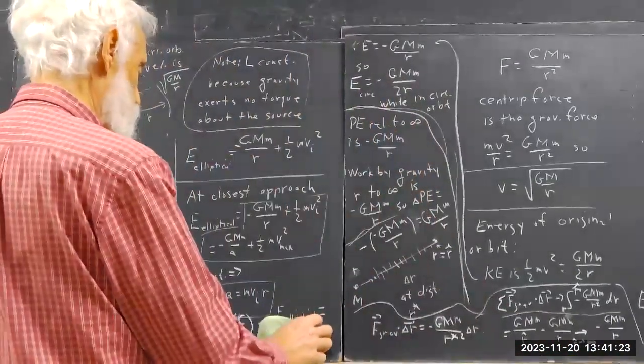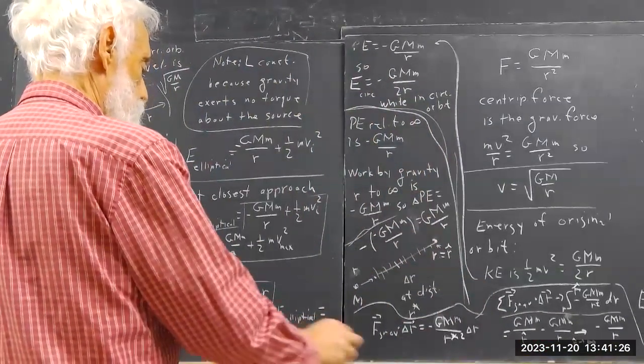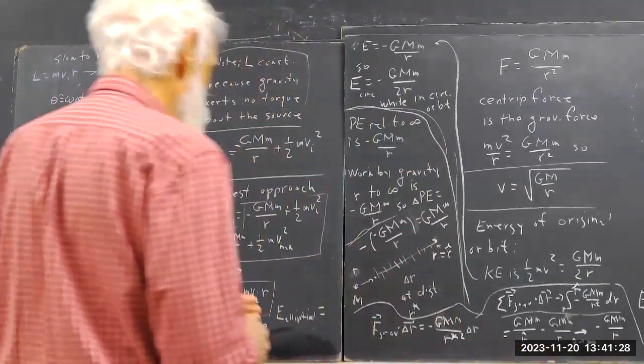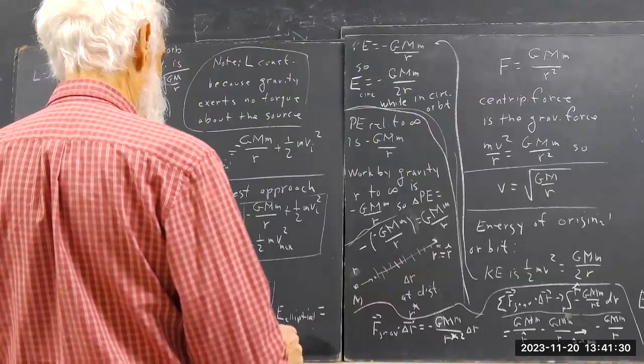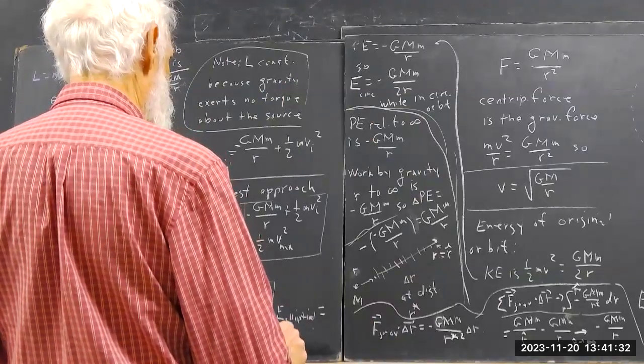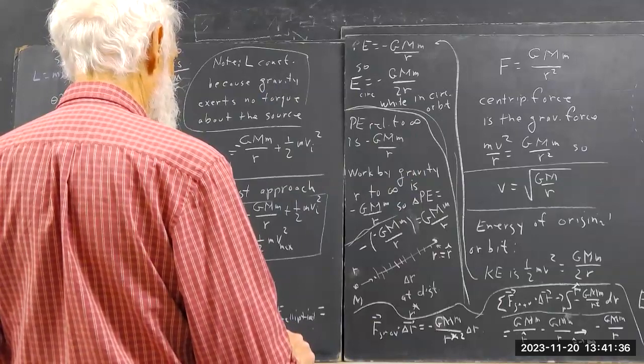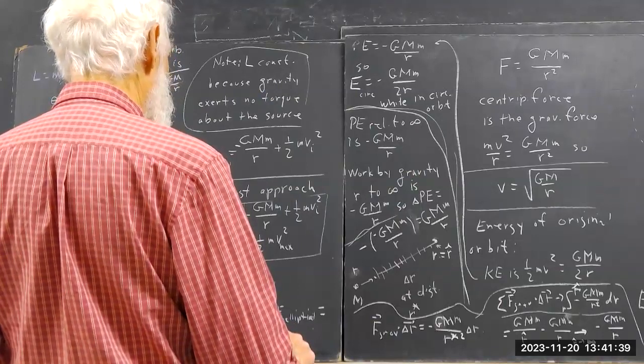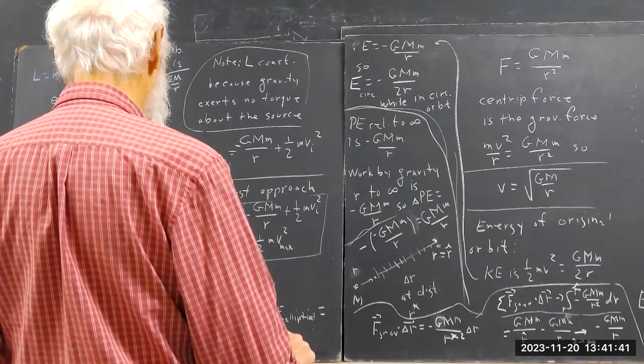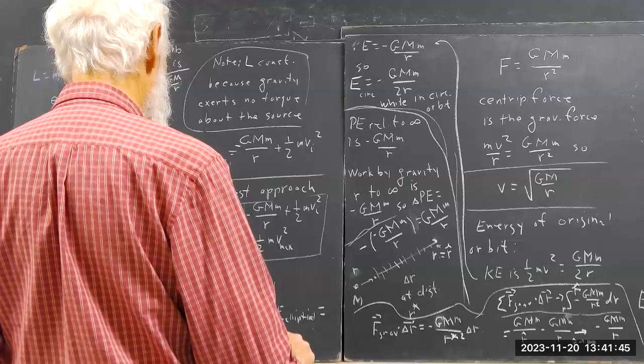Doesn't mean anything because I messed up my very simple algebra. Okay. The elliptical energy is negative big G, big M, little m over A, which I started to write down. Wait a minute. Yeah, okay, that's right.